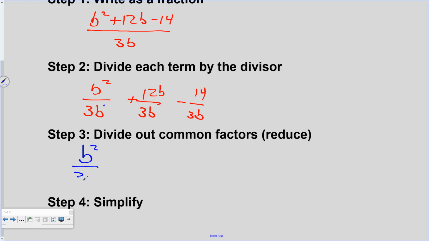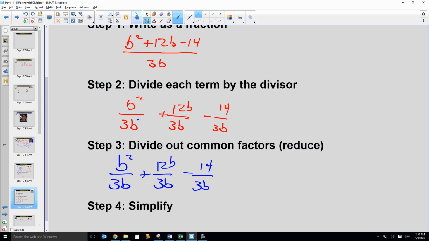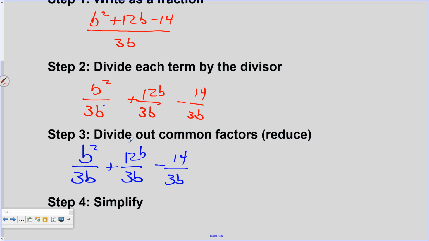I should not have changed colors. Okay, so I'm going to take out one of these b's and cancel it with that guy. I can't do anything with the 1 and the 3, so that's going to have to stay 1/3. Now over here, b and b are just going to go away.